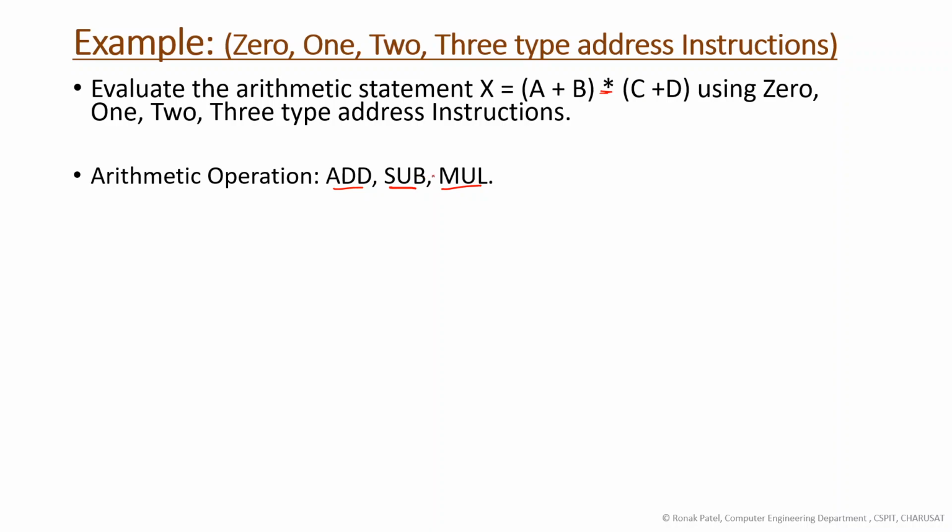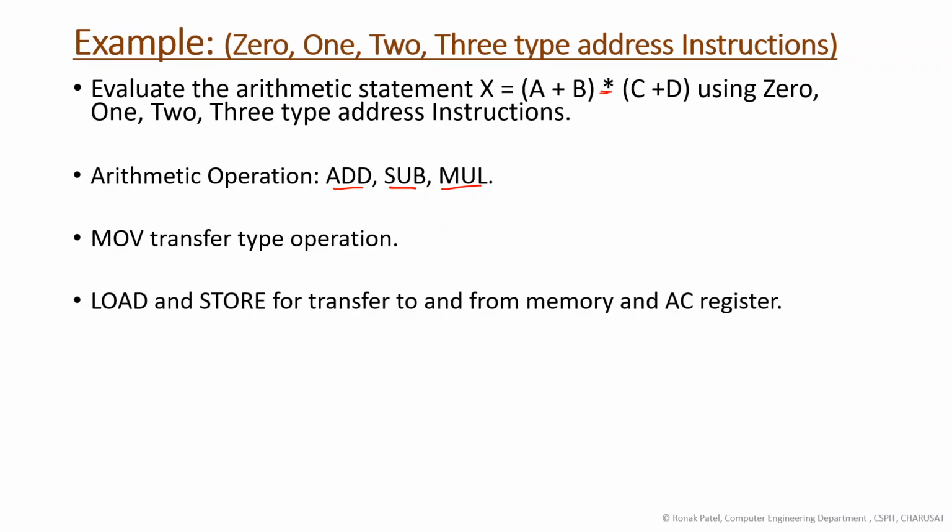If you have some subtraction operation that can be used here. Then move, it's a transfer type operation. Then load and store for transfer to and from memory and the accumulator register. Operands are in memory addresses A, B, C, and D. Wherever the address A is in main memory, at that location we have an operand.